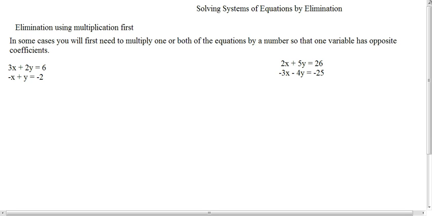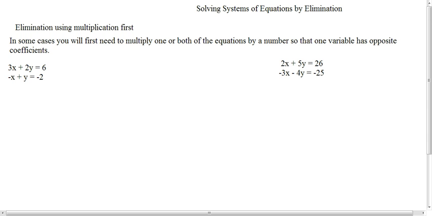Okay, welcome to solving systems of equations by elimination using multiplication first, part 2. What we want to take a look at now is what if we cannot look at one equation and come up with the opposite on a particular variable?